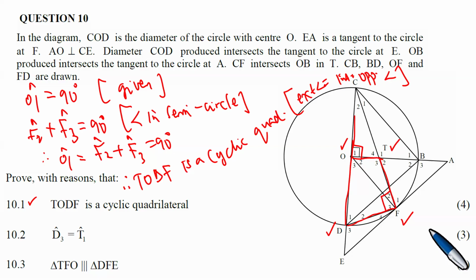How do you prove that the angle D3 is equal to the angle T1?